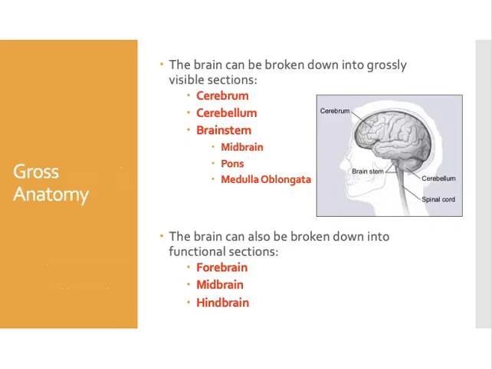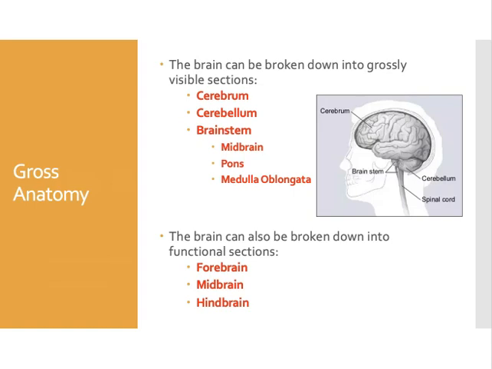Remember, when we examine the brain grossly, we can break it into sections that include the cerebrum, the cerebellum, and the brainstem. The brainstem, of course, consists of the midbrain, the pons, and the medulla oblongata.